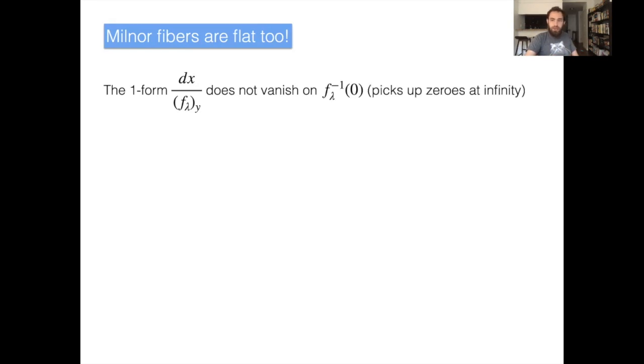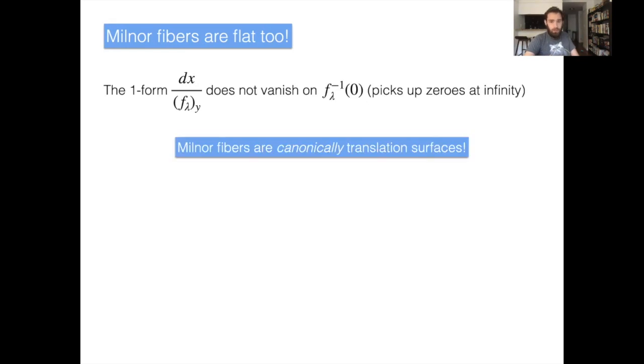These are all affine curves. It's non-vanishing everywhere on this particular affine slice, and it picks up zeros in a controlled way at infinity. So using this one form, Milnor fibers of plane curve singularities carry canonical structures as translation surfaces. And therefore, in particular, the monodromy preserves the framing.